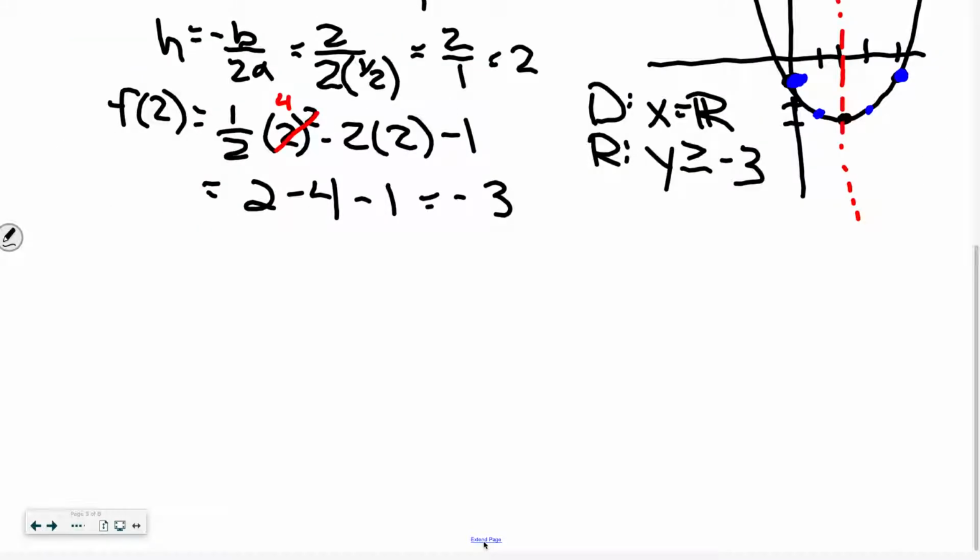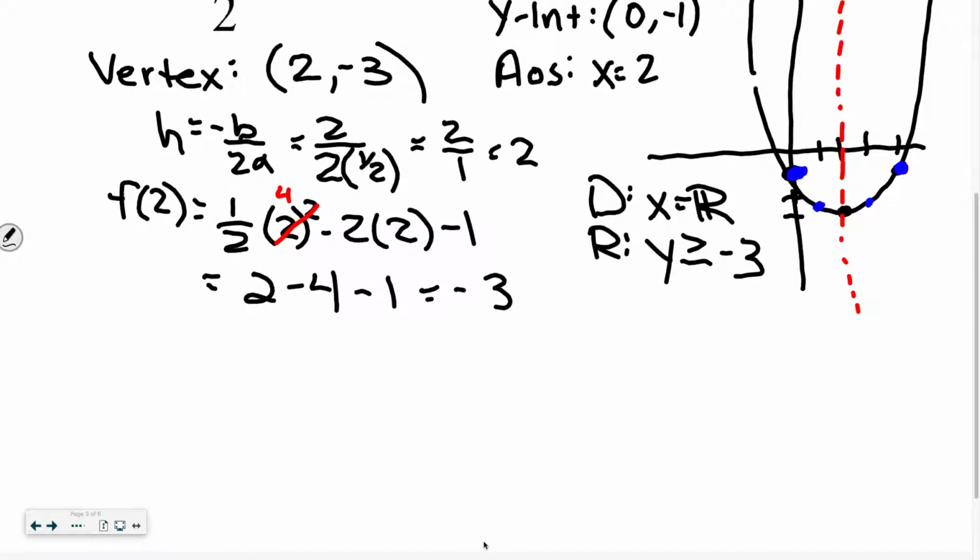Okay. And then we also want to do increasing and decreasing. So I'll give you about 20 seconds here if you want to decide which side is increasing, which side is decreasing, and how will you write your little inequality for that. So I'll give you a moment to think about that.